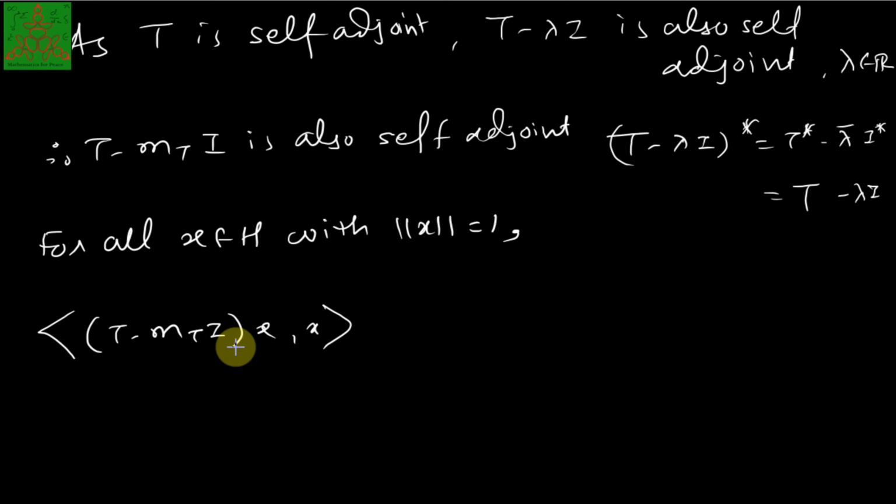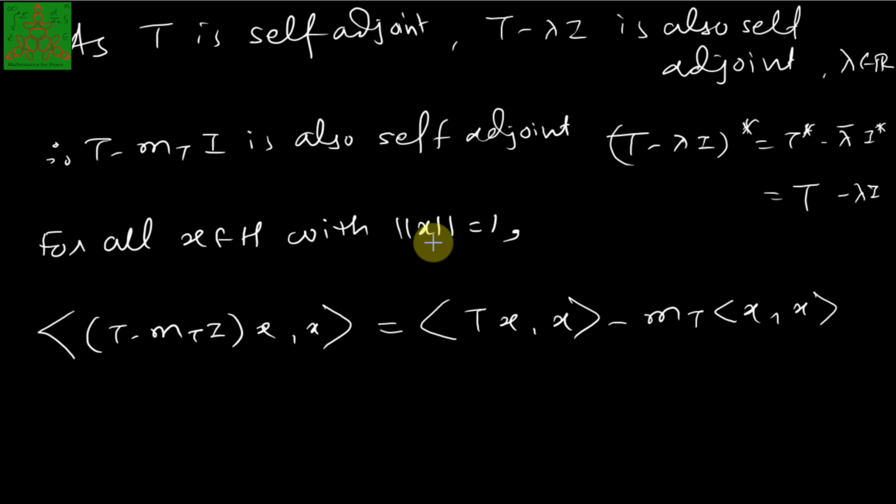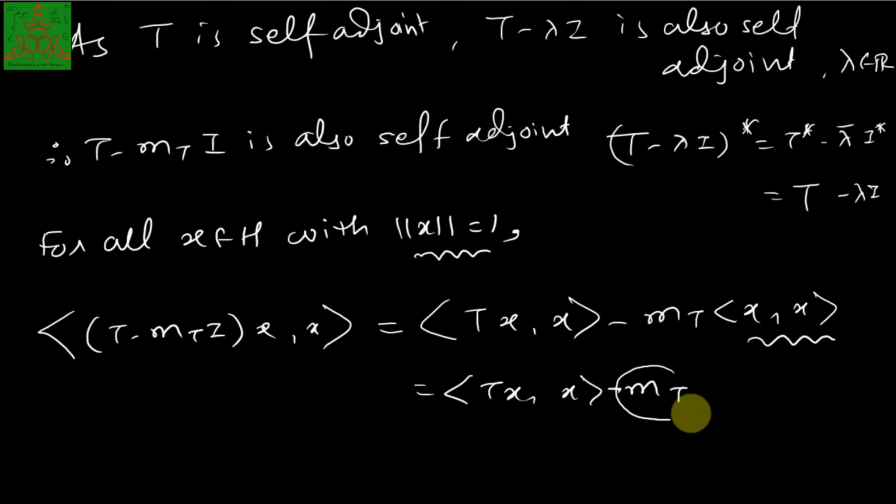By applying the definition of linear operator and inner product, we can write this as ⟨Tx, x⟩ minus m(T)⟨x, x⟩. But the norm of x is 1, so this quantity gives me 1. So this is equivalent to ⟨Tx, x⟩ minus m(T). And this m(T) is the infimum of whatever values we have in the numerical range, and ⟨Tx, x⟩ is also in the numerical range.